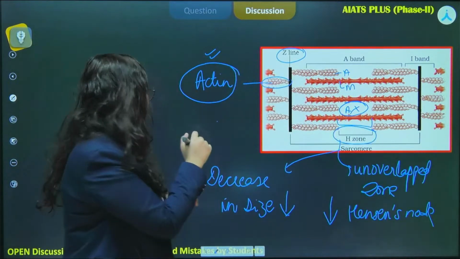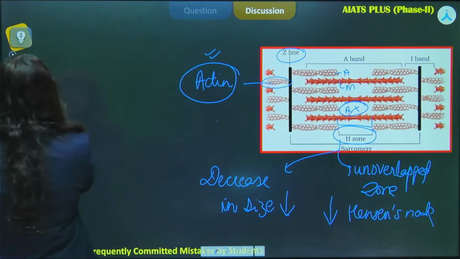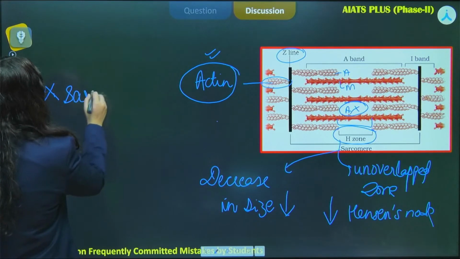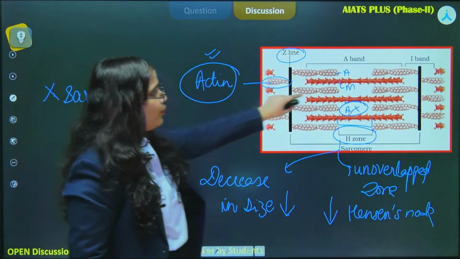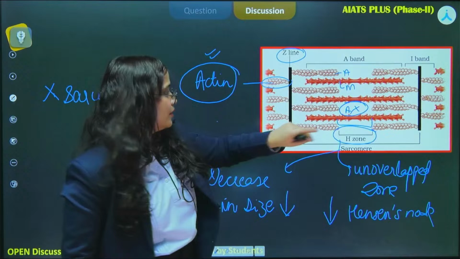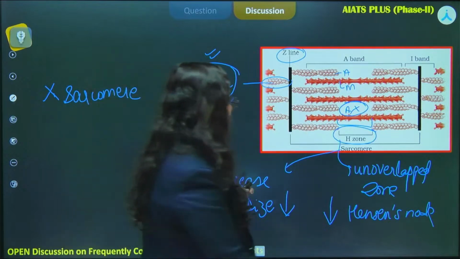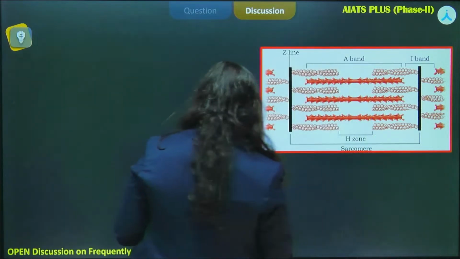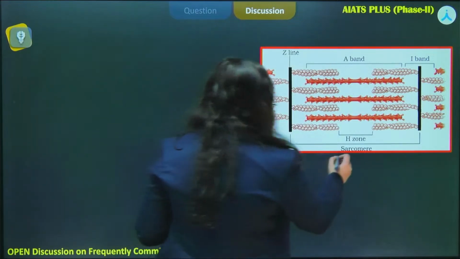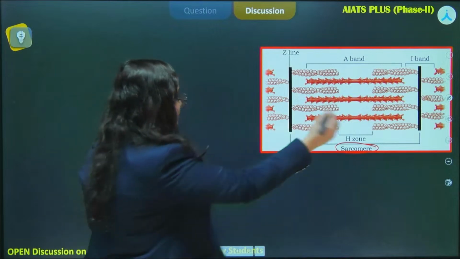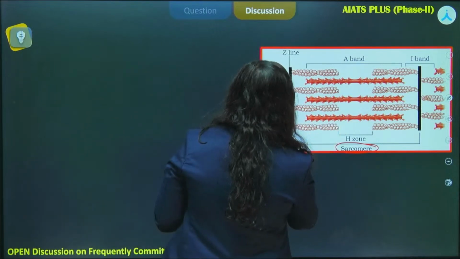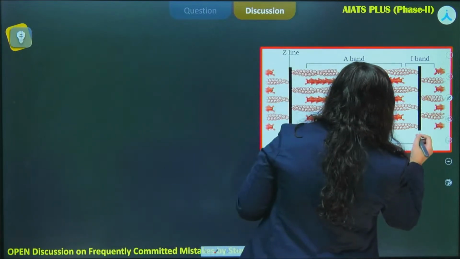All right? One important concept here again is, what is the sarcomere made up of? We can see a sarcomere is made up of half of I band.